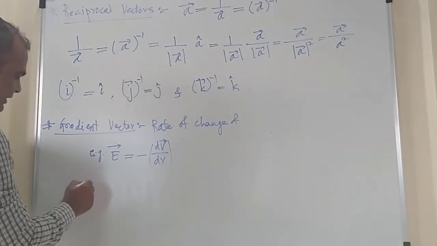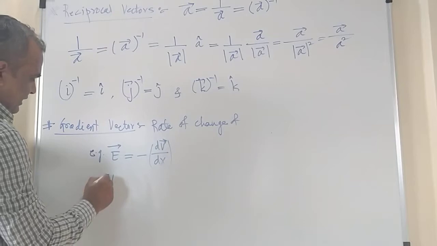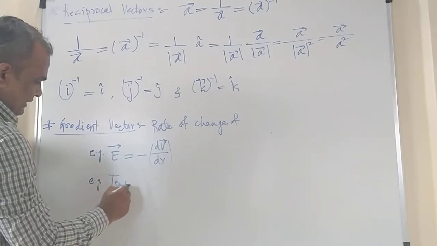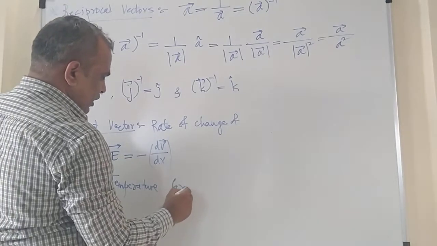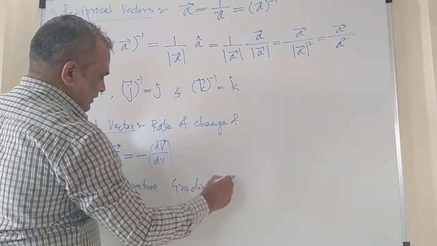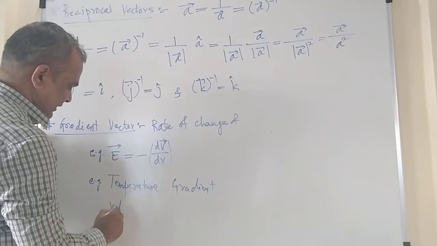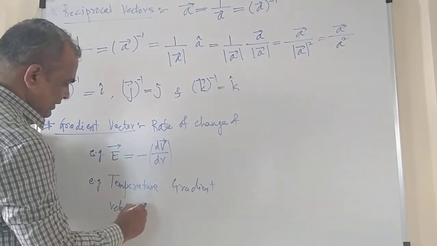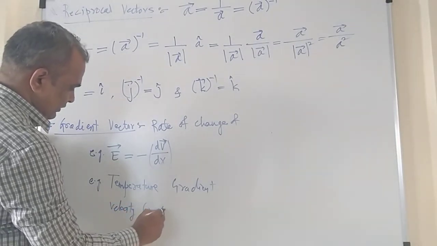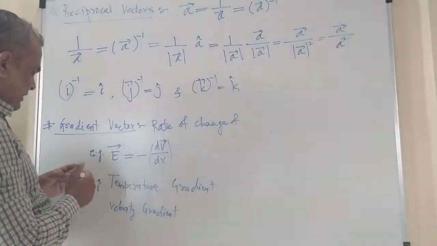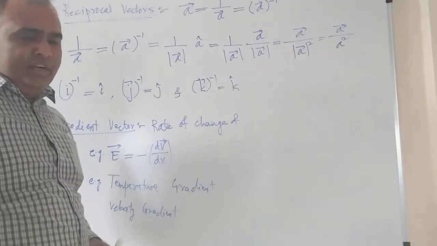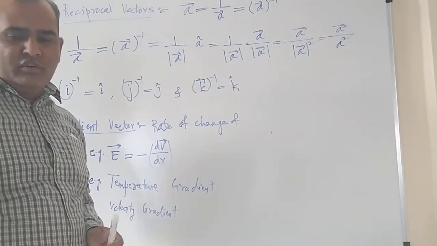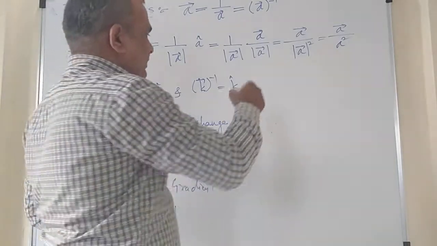So the next examples are the temperature gradient or velocity gradient. These are the various examples for gradient vectors. Got it?